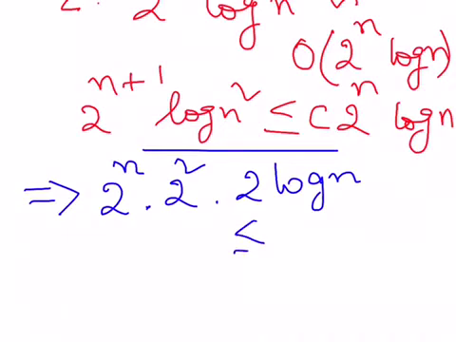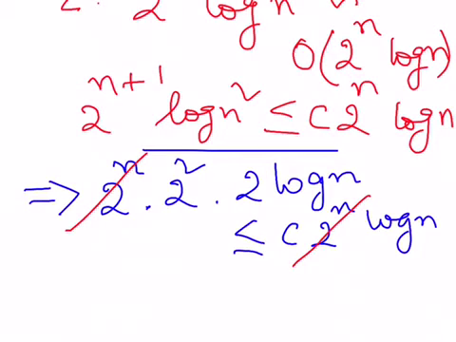This we have to prove is less than or equal to c times 2 power n log n. Now we can get rid of this term from both sides. This term cancels out this term, and log of n cancels out log of n.